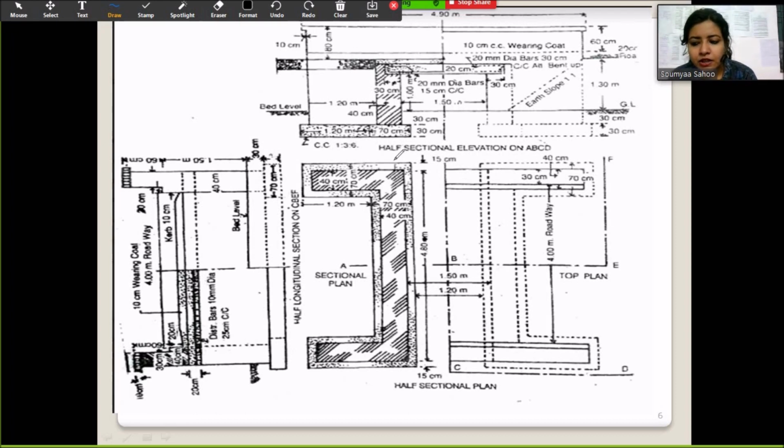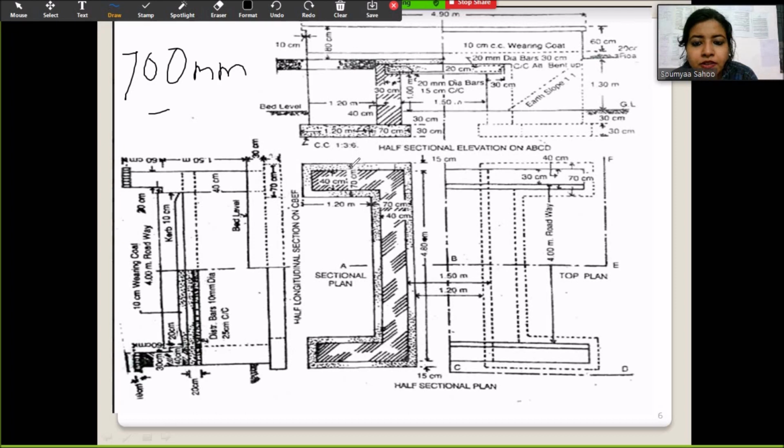Okay, so from here we can find out the width of the wing wall. How can we find this width of the wing wall? See, the total width of the trench is 70 centimeter or 700 mm, minus, there is offset present on either side of this trench.